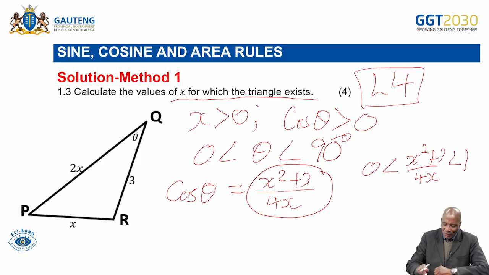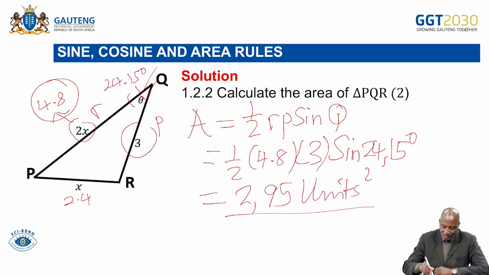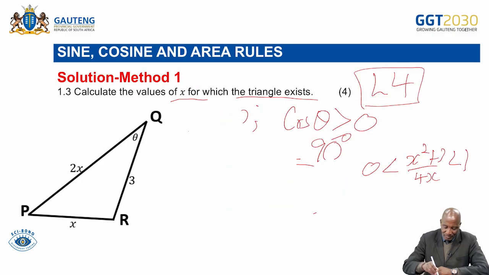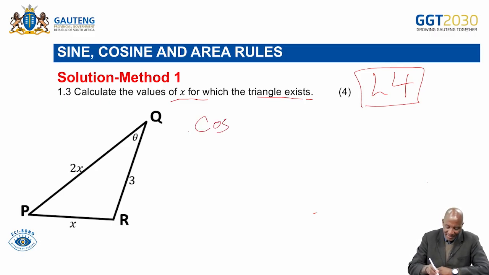Right. So we move on and solve for x. We have formed a double inequality. We want to solve for our x. Let me erase this. Right, having said that, our cos theta gave us x squared plus 3 divided by 4x.